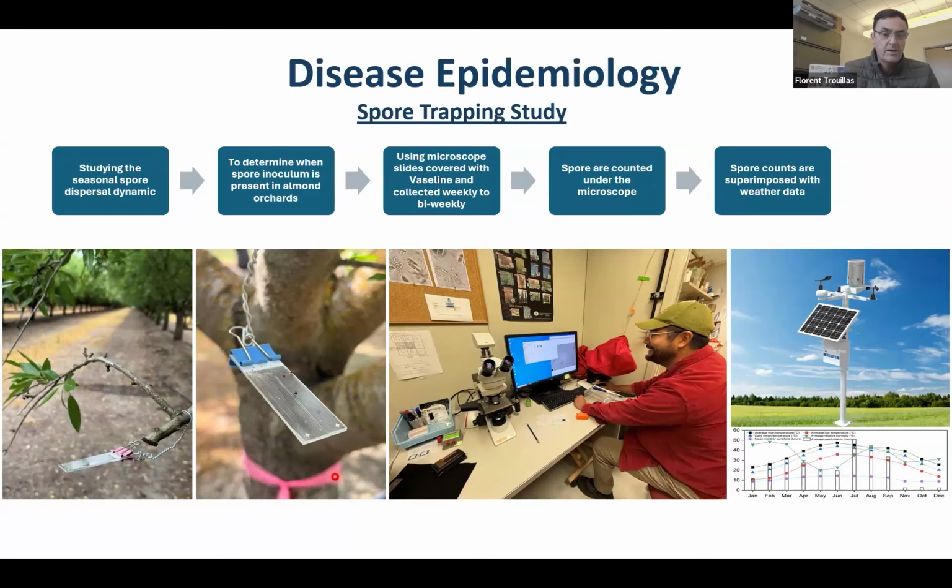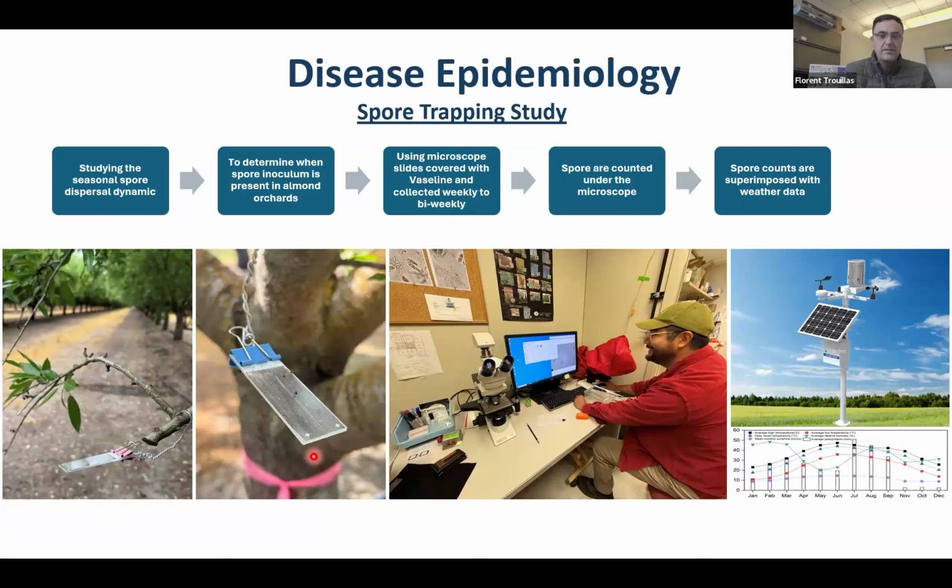We use microscope slides covered with Vaseline, and we place 10 in an orchard with a history of red leaf blotch. These slides are collected more or less weekly to be taken to the lab, where we read them under a microscope and count the number of Polystigma spores caught per week during the growing season.